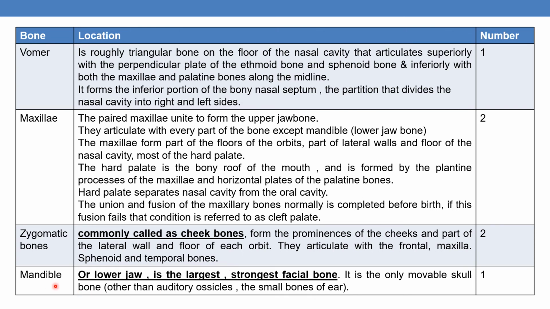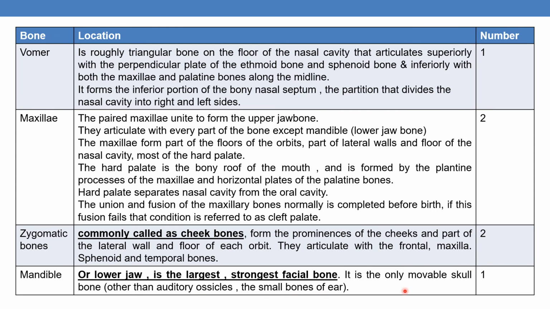The next is the mandible or lower jaw. Two maxillae unite to form the upper jaw, whereas the mandible is the lower jaw. The smallest facial bones are the lacrimal bones, whereas the largest and strongest facial bone, and the only movable bone of the skull, is the mandible.